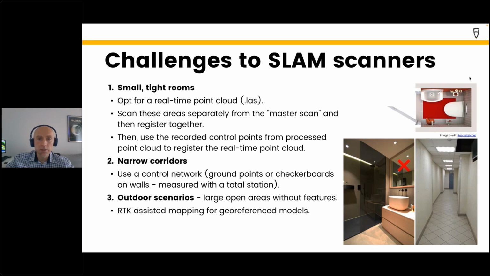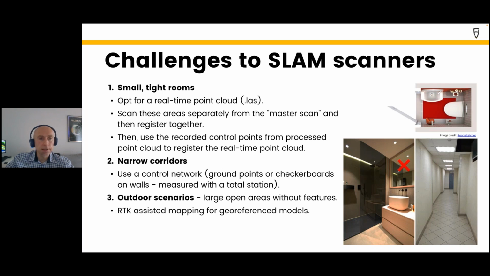I advise using a real-time point cloud, which is based more on trajectory from the IMU unit than on the SLAM algorithm in post-processing mode. Real-time point cloud is not as dense as the processed point cloud, but it should be enough for those small spaces.